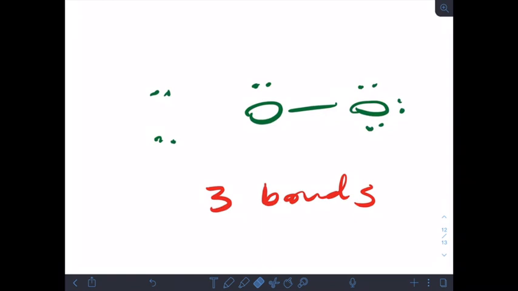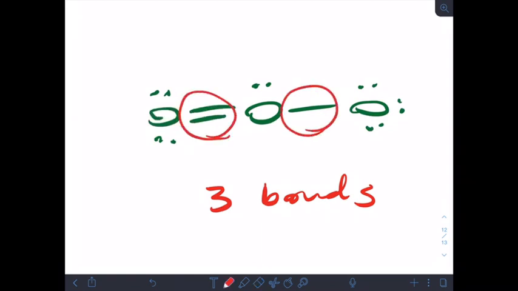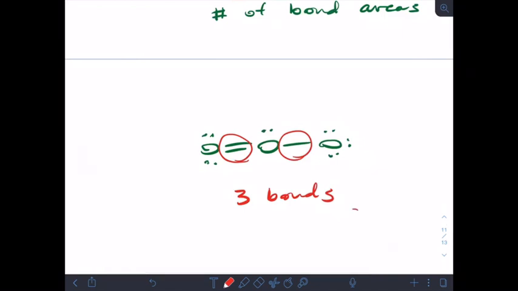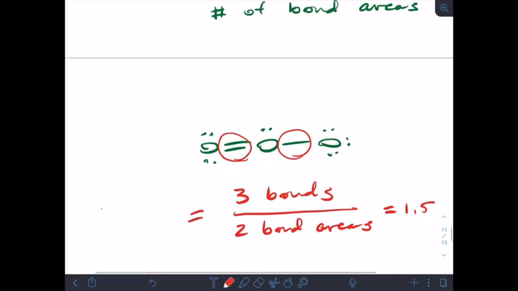And the number of bond areas, those are the regions of the bonds, right? So there's 2 bond areas. That gives me a bond order of 1.5.